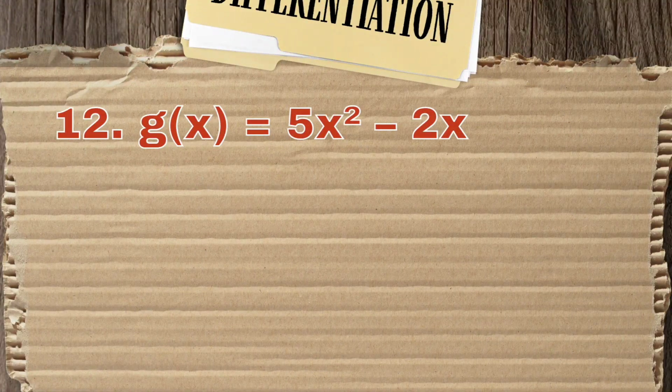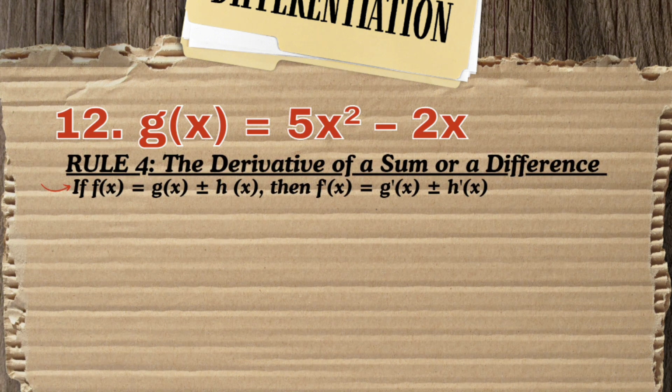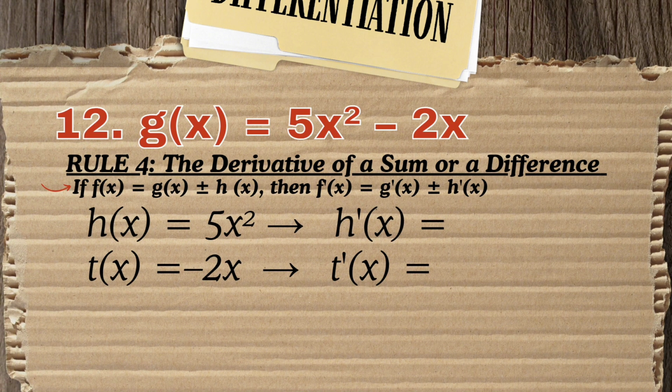In number 12, we have here a given of g of x is equal to 5x raised to 2 minus 2x, which is the rule that we will use is the sum or difference. Paghihiwalayin natin ulit yung 5x raised to 2 and minus 2x. And hahanapin natin yung derivative nila both.